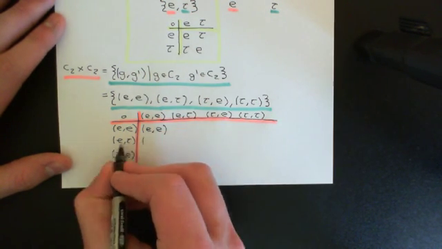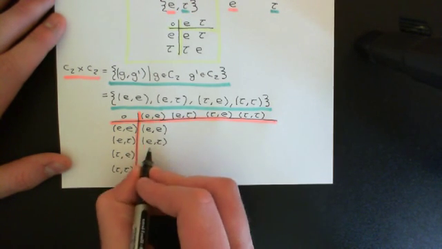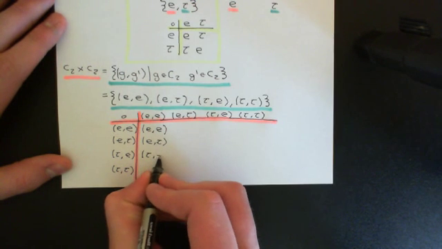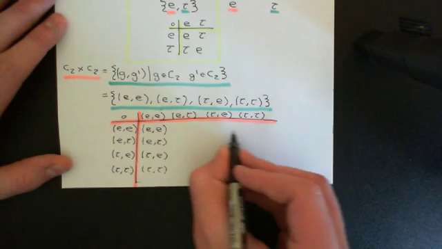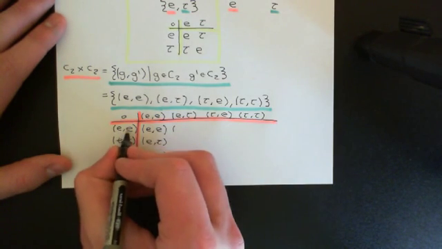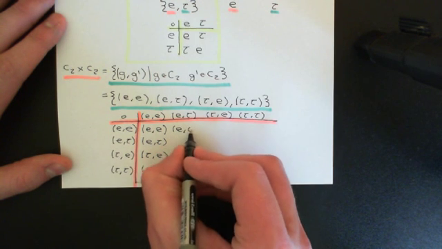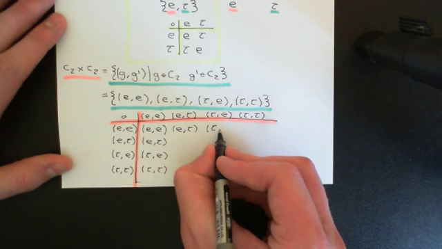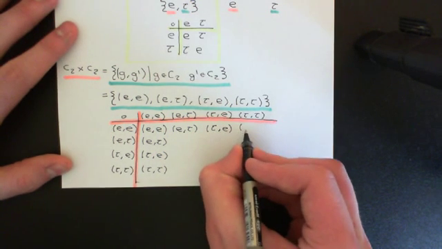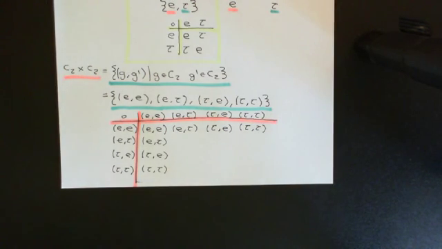This one composed with this one gives the identity tau back, so just this answer. Then we'll have tau identity here, tau tau here. And the same thing up here: the identity composed with identity tau gives identity tau back again. Identity composed with tau identity is equal to tau identity, and identity composed with tau tau again gives us tau tau. So those are the nice simple 7.